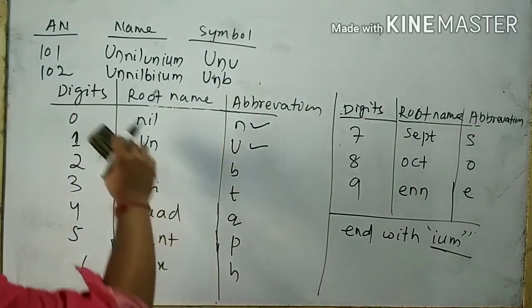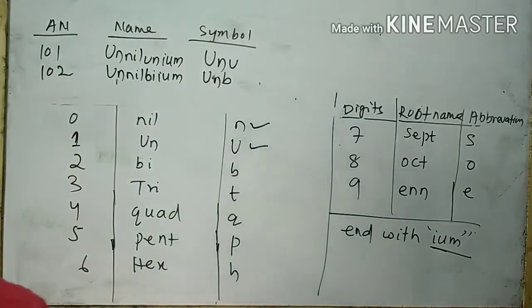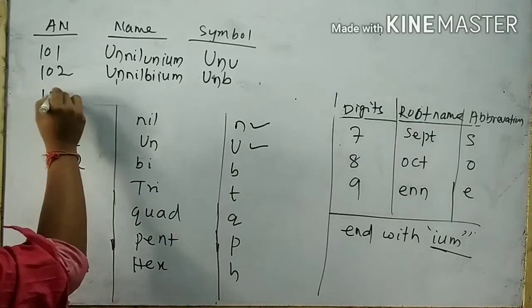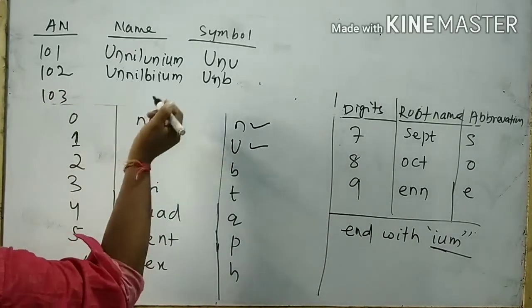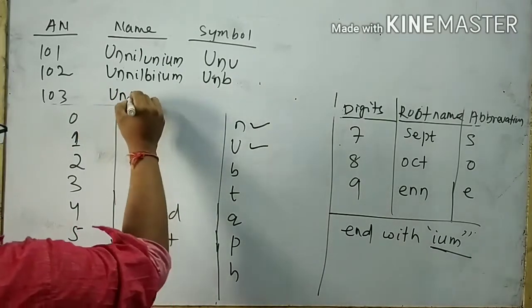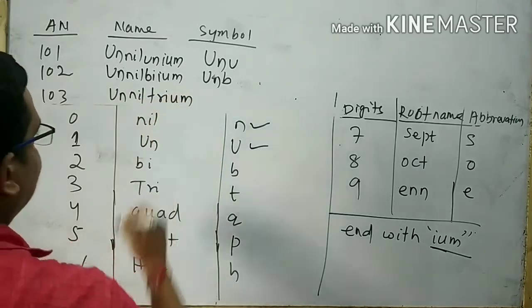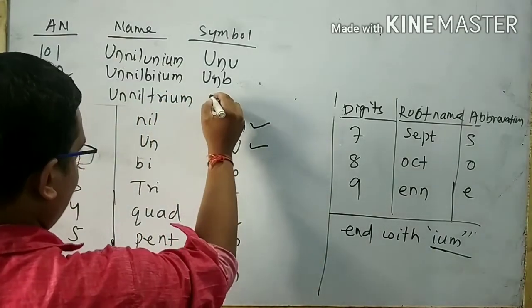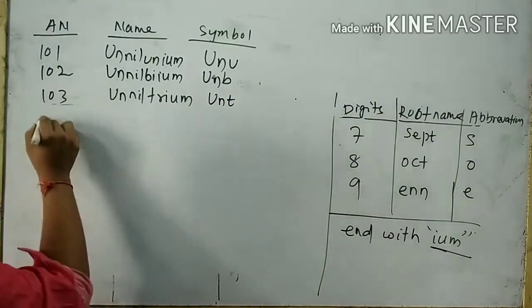If I think about the element which has atomic number 103, for 1 we use un, next for 0 nil, for 3 tri, IUM, and the symbol is UNT. Like that we can also think about the element which has atomic number 104.